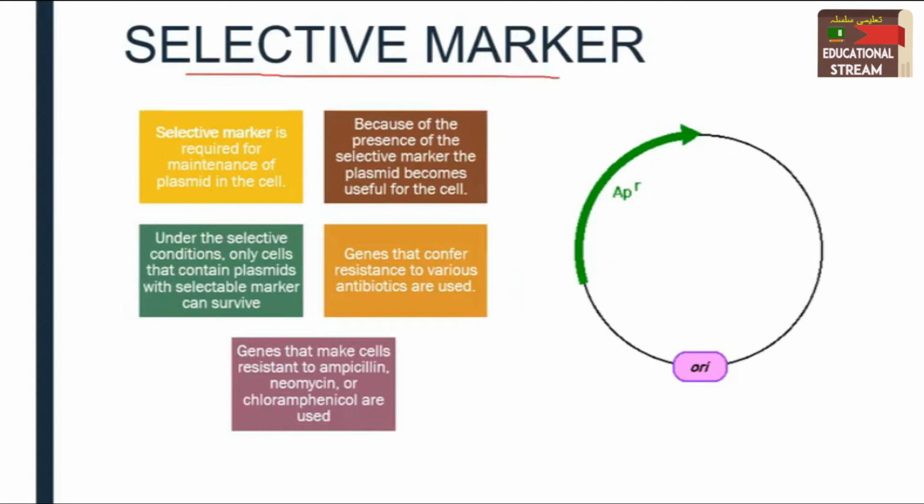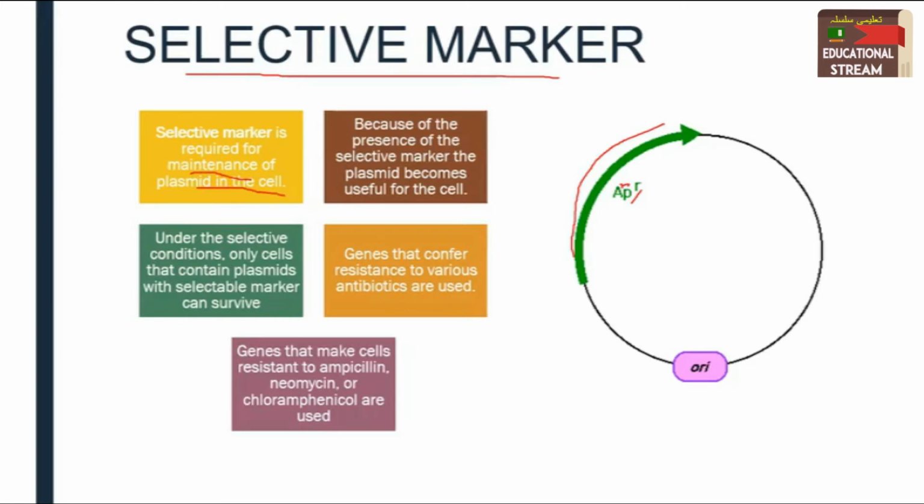One important characteristic of the plasmid is the selective marker. As I told you earlier, the ampicillin resistance gene is used as a selective marker. It is required for the maintenance of the plasmid in the cell.